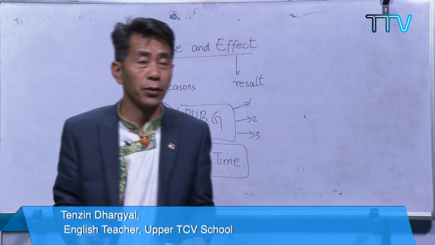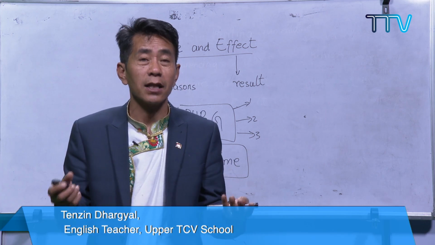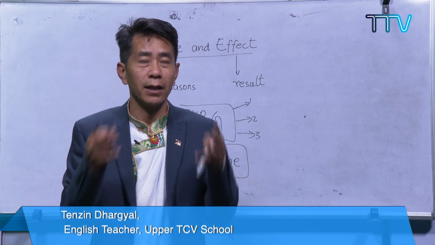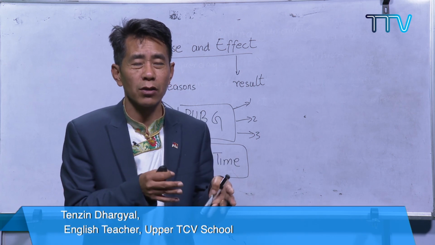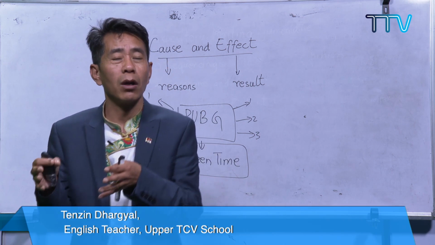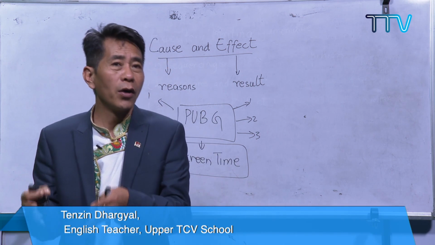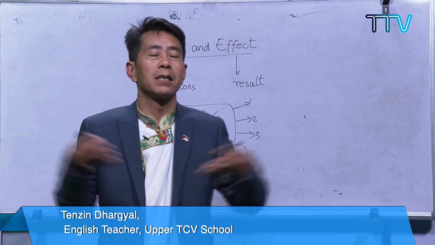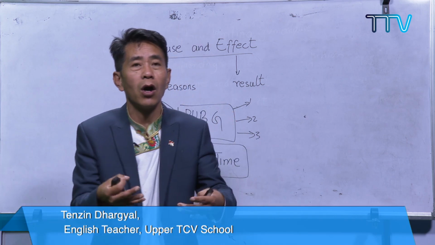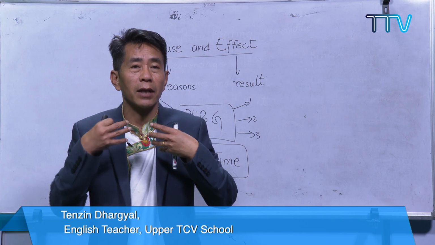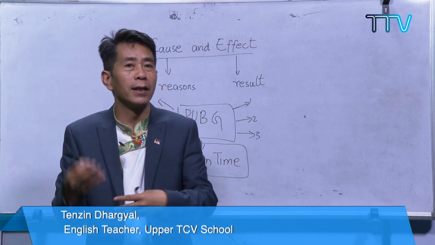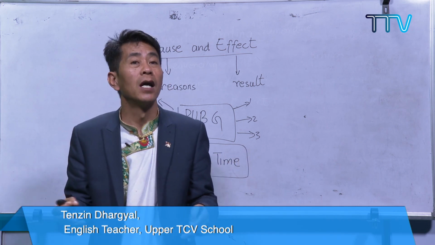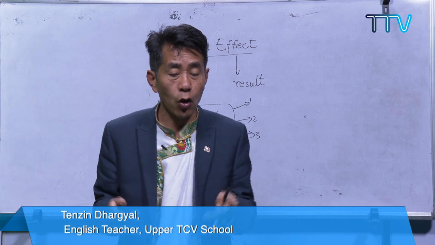It's up to you. In cause and effect there are different ways of writing. Either you talk about all the causes, or you talk about all the effects, or you can mix both and talk about the cause and the effect together.